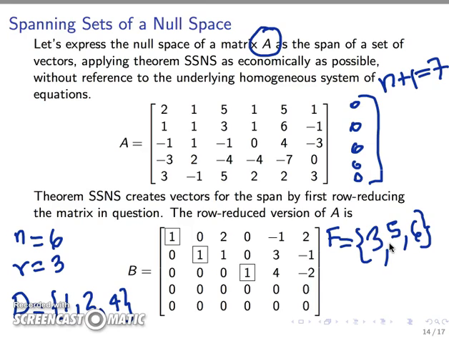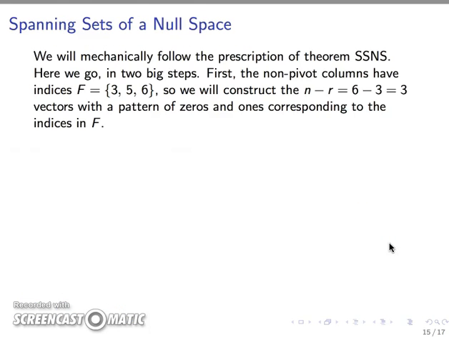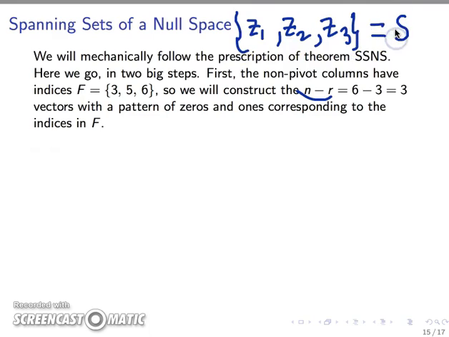So what we do next is use this information to construct z1, z2 and z3. The calculation n minus r equals 3 tells us that we'll have a vector z sub 1, a vector z sub 2, and a vector z sub 3. The set formed by these vectors is what we're calling the set S, right? And we want to construct each of those vectors.